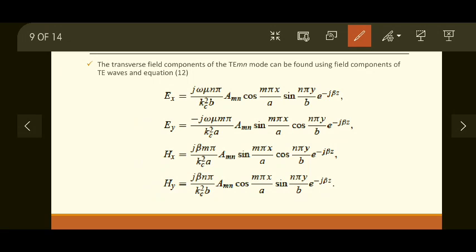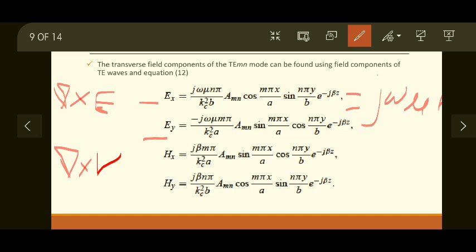So we know that del cross E is j omega mu H. So use that to find Ex and Ey, and curl of H is equal to j omega epsilon E. Use that Maxwell equation to find Hx and Hy.